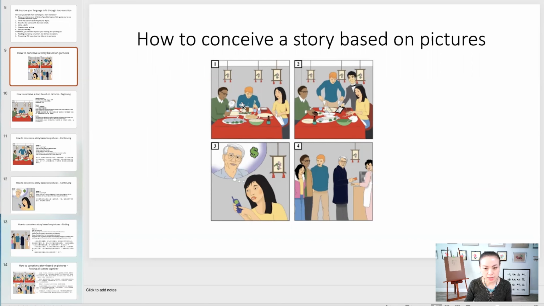So those are the characters. We have 6 characters. And then you're going to build the relationship between them. Obviously, they are not the same kinds of people. She looks Asian, and he looks white, and he looks Latino.